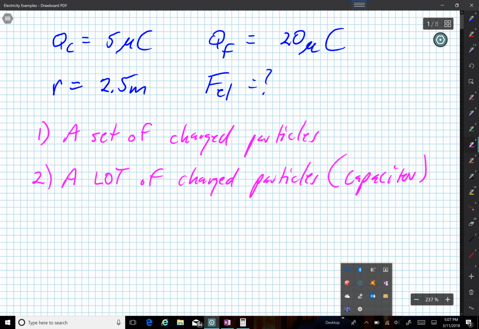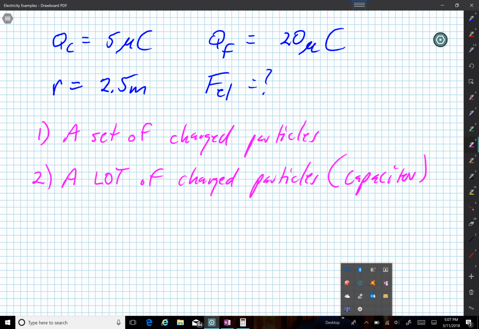Most of the time when we talk about a lot of charged particles, we're going to have them on the plates of a capacitor, and then that puts into play a whole different set of equations. The concepts are the same. There's still an electric force, and there's still an electric field. There's still a distance between things, but they apply to a capacitor as opposed to two point charges. That's the way we talk about it in physics.